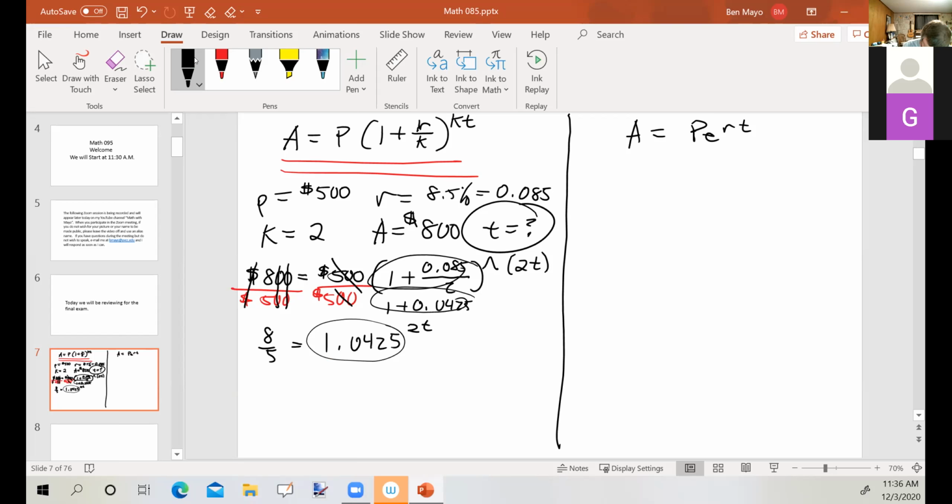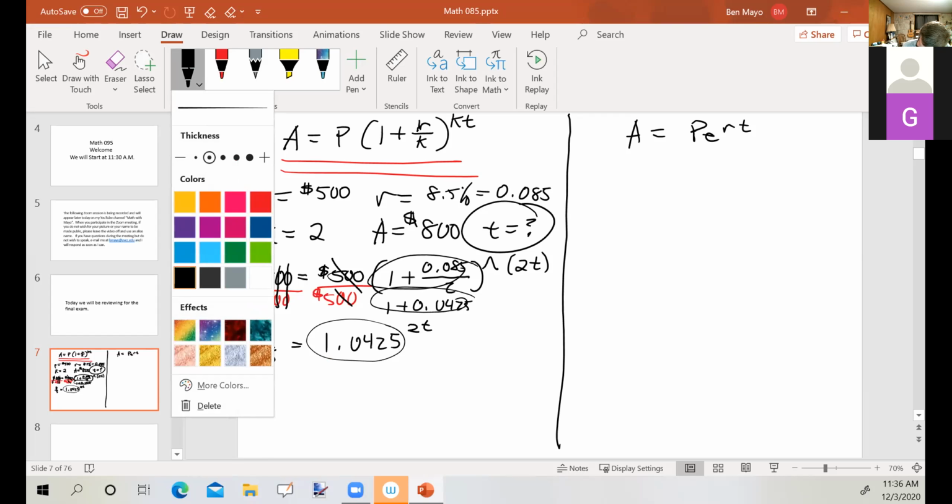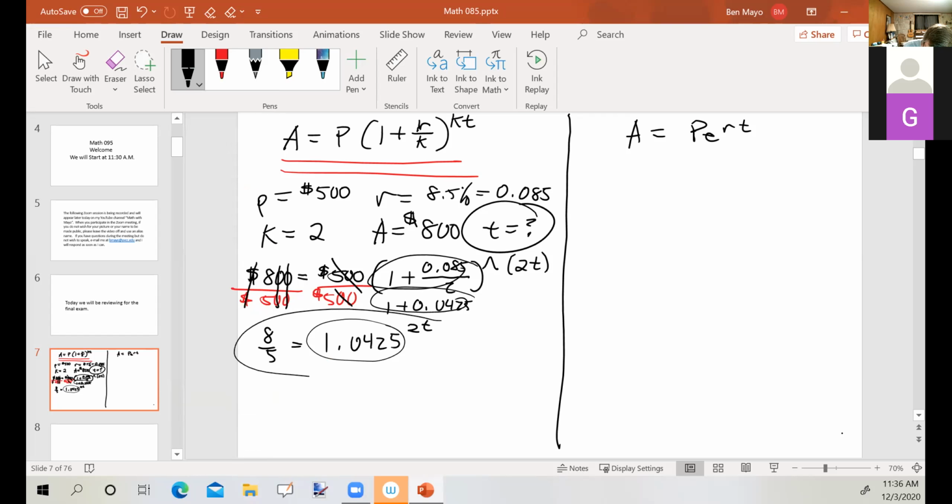All right. So now I can take this equation and write it in logarithmic form, and I get log base 1.0425 of 8/5 equals 2t. Okay. Now, I'm going to multiply both sides by 1/2.